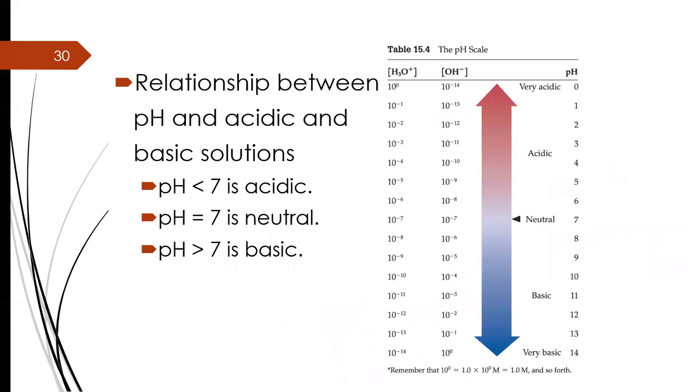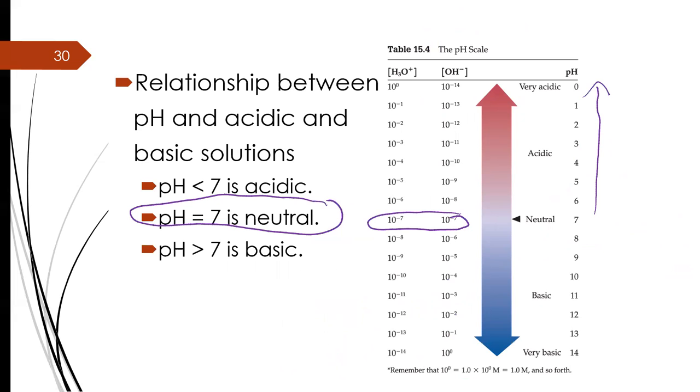So 7 is what we consider to be neutral, because that's where we have 10 to the minus 7. As that becomes more acidic, our pH drops as this value goes up. A pH greater than 7 is our base, because our hydroxide is now increasing, and as our hydroxide increases, our hydronium goes down.